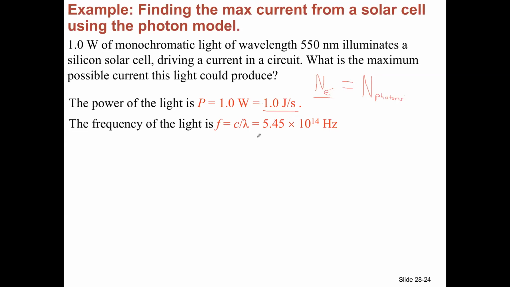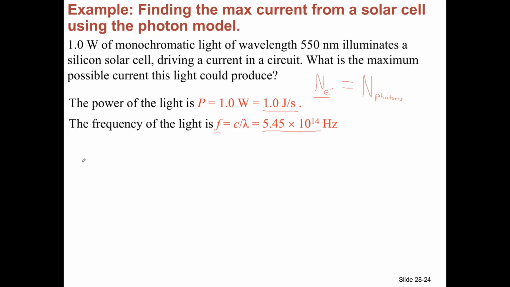First things first, let's use the wavelength and the speed of light c, 3 × 10⁸, to get the frequency. I'm going to let you check these numbers on your own time, but these are all formulas you've used before and theory from earlier in the class. So frequency is speed of the wave divided by the wavelength, 5.5 × 10¹⁴ hertz.